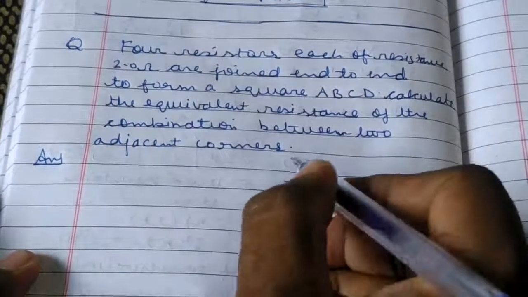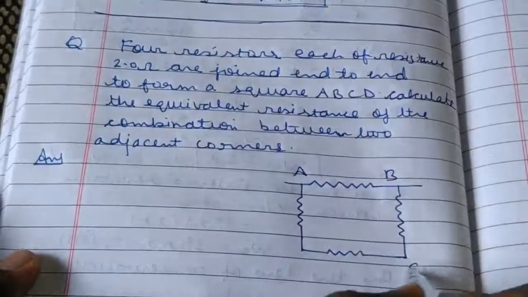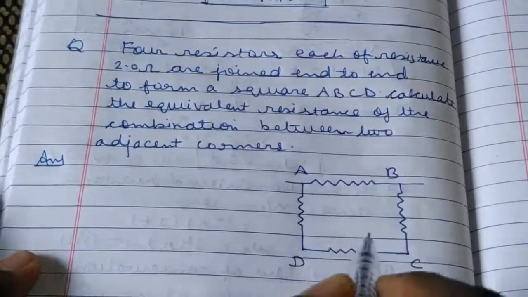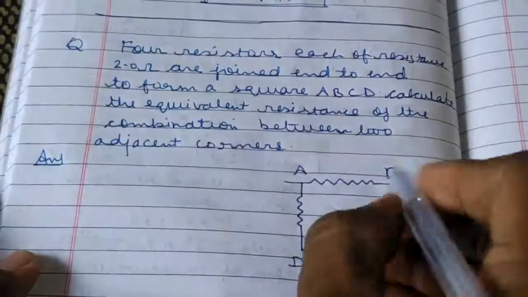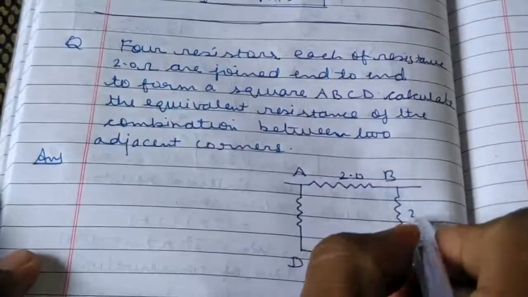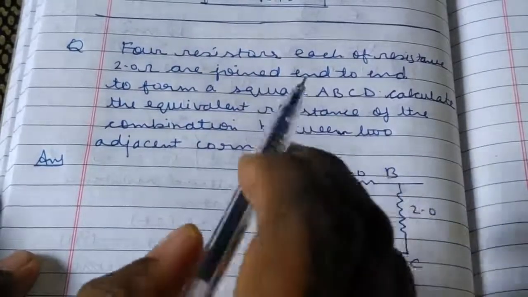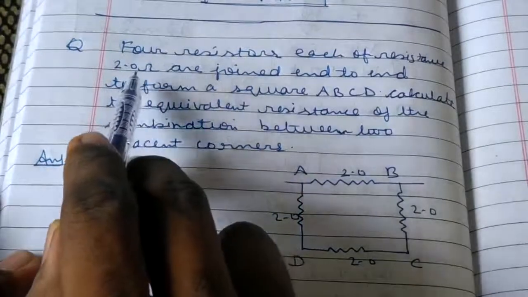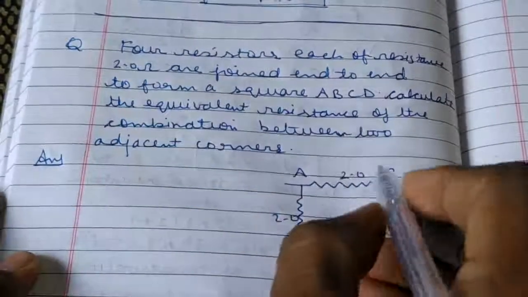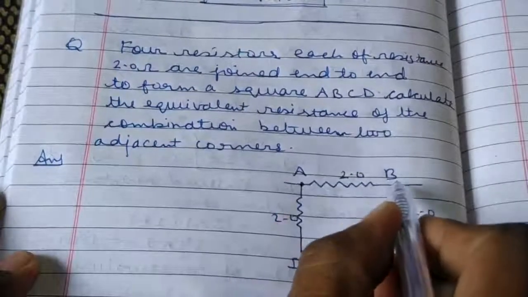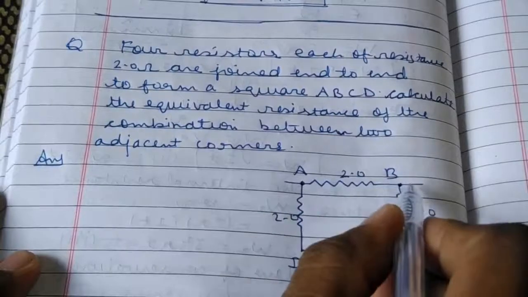You are given A, B, C, D is a square of resistance 2 ohm each, and you have to calculate the equivalent resistance between two adjacent corners. Like I am assuming A and B are the two adjacent corners.